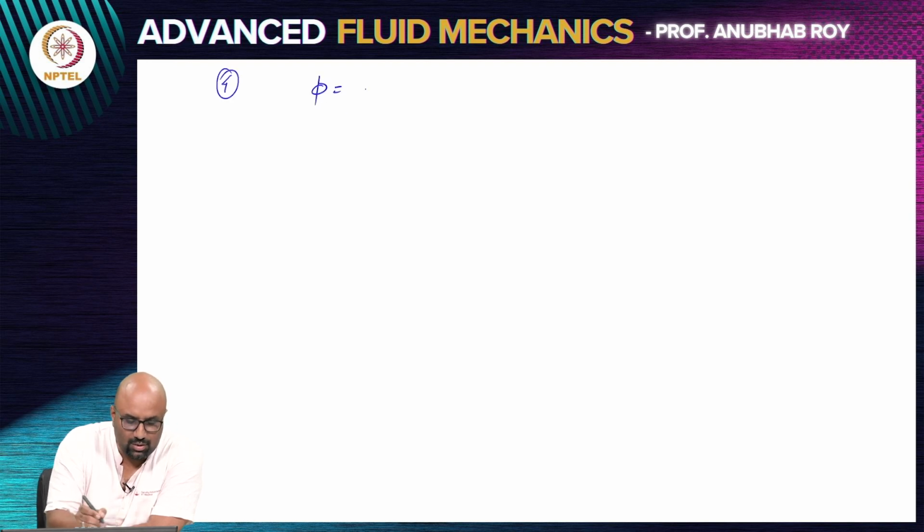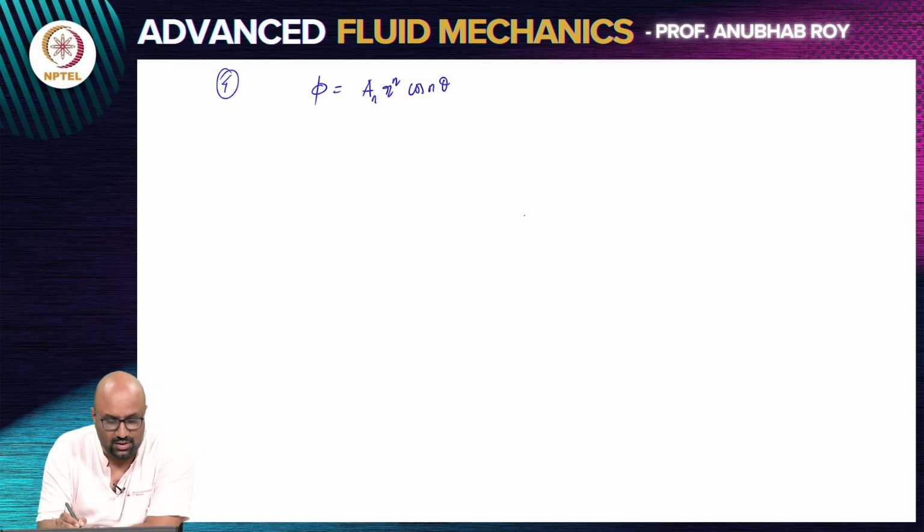Now, going back to the solution form that we had, some constant times r^n cos n theta. We looked at the case when n was a negative integer, but if I allow n to be any negative or positive integer, now I am just going to consider n to be a positive integer. So, n will take values greater than or equal to 1.